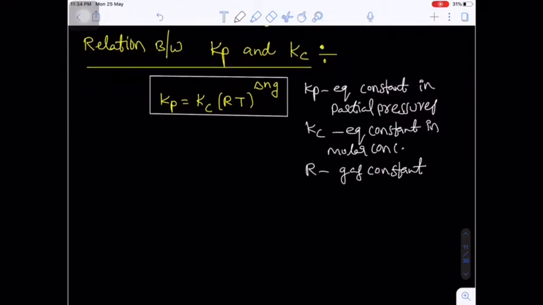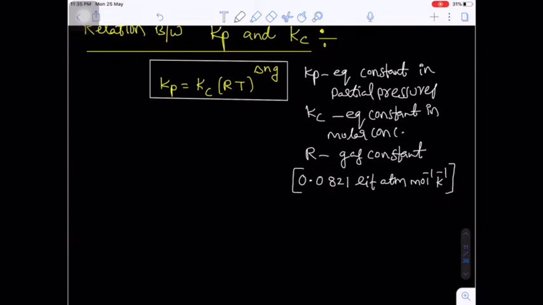What is the capital R value? 0.0821 liter atmosphere mole inverse Kelvin inverse. This is a very important R value. Sometimes the R value we can roughly assume as 1 by 12, that is 0.08, for calculation purposes.